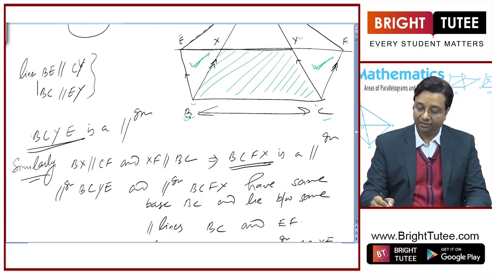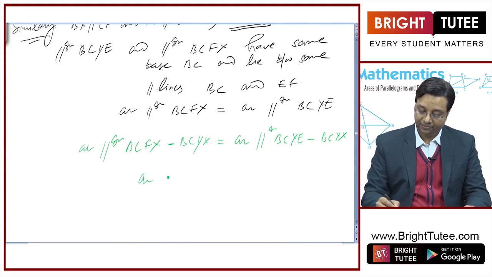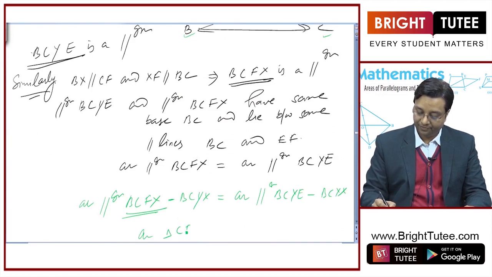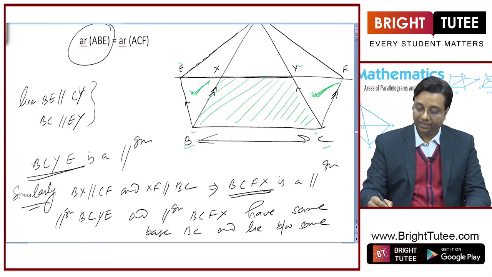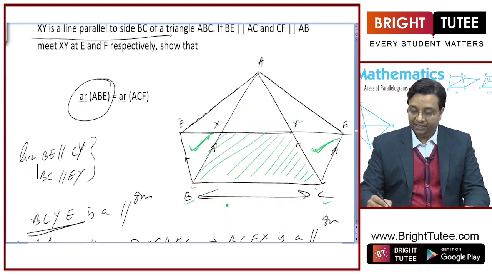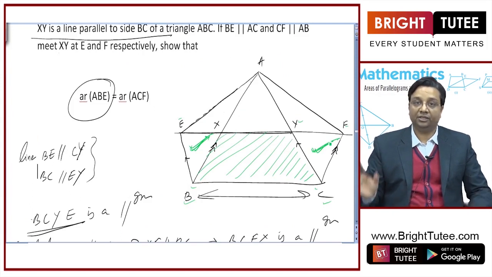So, area of triangle BEX, let me see, BCFX minus this area will give me area of this triangle CFY, and here I will get area of this triangle BXE, right. So, these areas are equal. This is what we know now.